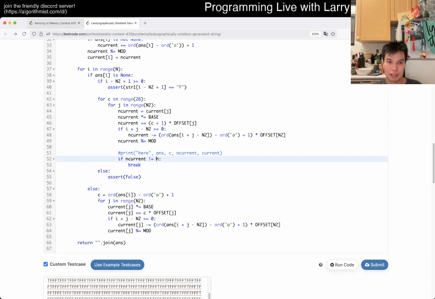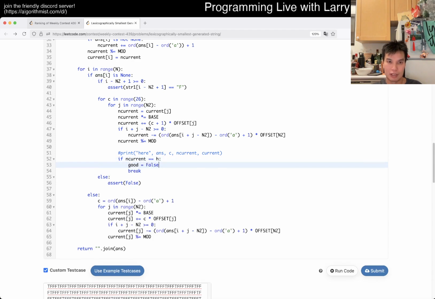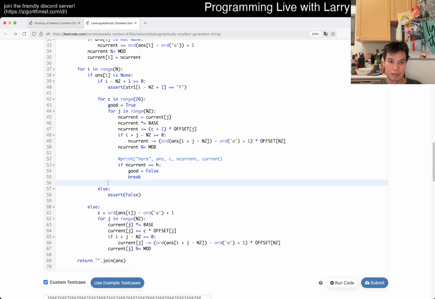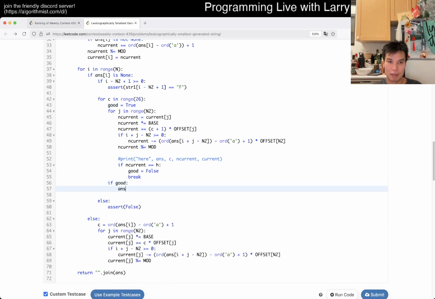If this is equal to H, then we break. Good is equal to false. If this is good, then we want to append, what was it, C plus, right?